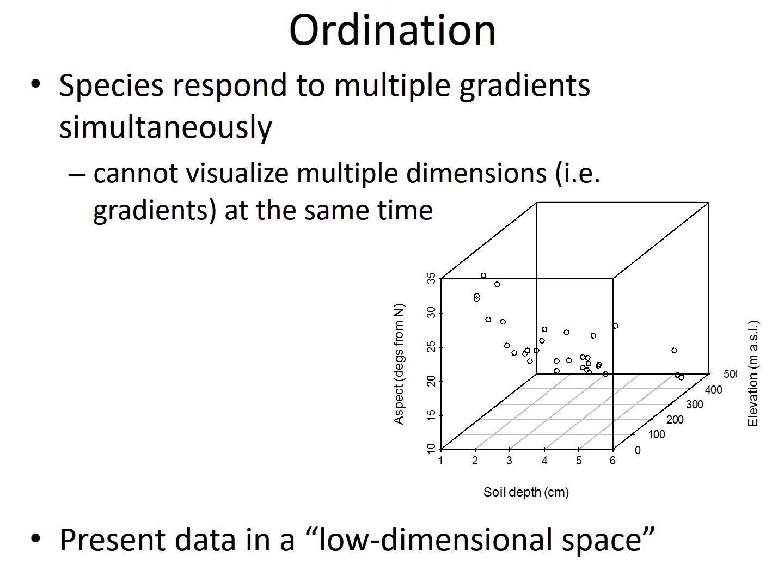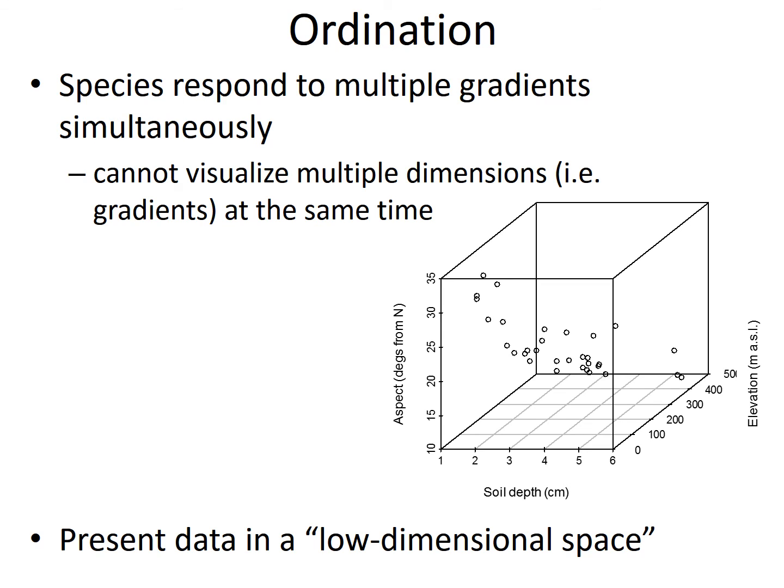Okay, so in ordination, we don't just look at the variation in species along one gradient. We look at how species respond to several gradients at the same time. The trick here is that it's very difficult to visualize multiple dimensions at the same time. In the block on the right there, you can see how the influence of aspect, soil depth, and elevation is considered in a 3D plot. But what happens when you move on to a fourth environmental gradient, or a fifth?